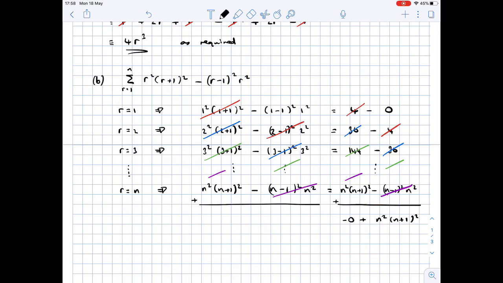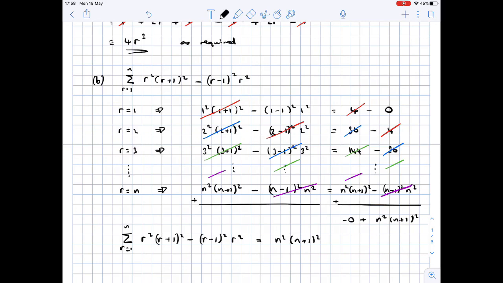So therefore we can see that the summation of r squared, r plus 1 squared minus r minus 1 squared, r squared, between r equals 1 and n is equal to n squared brackets n plus 1 squared.